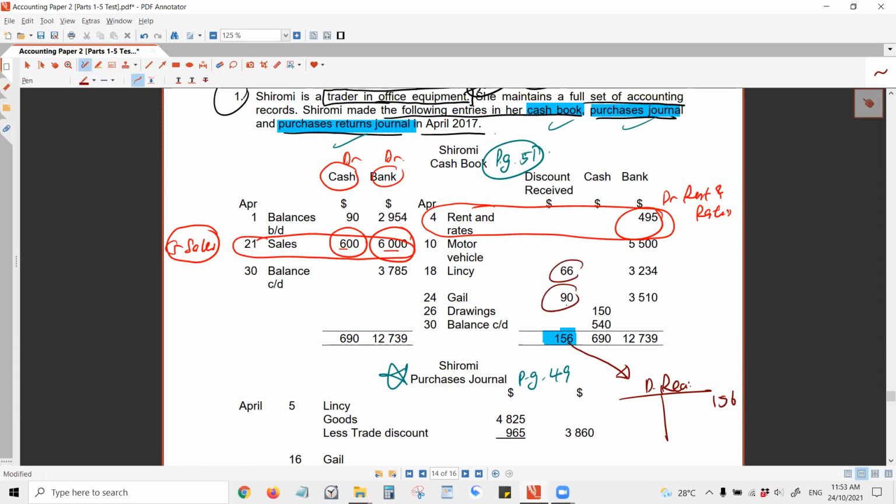That means they split the 156 into 66 and 90, which is wrong. You must bring the total from the cash book into here. So write 156, then here you write total for the month, and for the date you write the last day of the month. This is something to take note of. Many students forget about this, really.